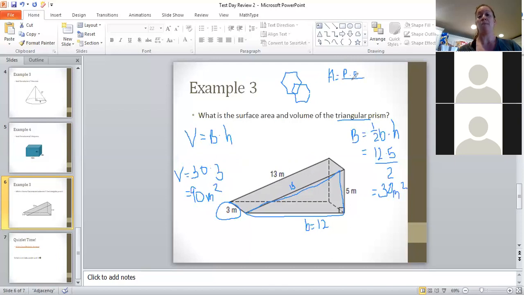And then you would multiply by the height, which is going to be the distance between your 2 hexagons here, right? And remember, the apothem is that line that comes down and is perpendicular to any side. And perimeter is just all the sides added together.